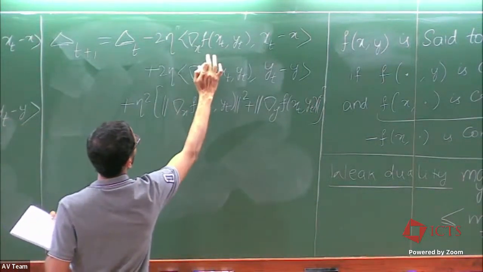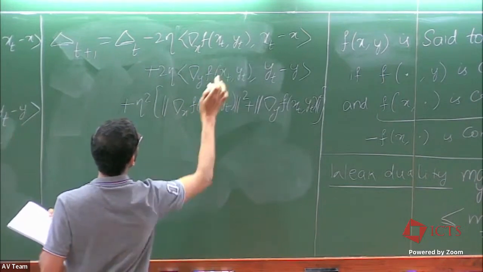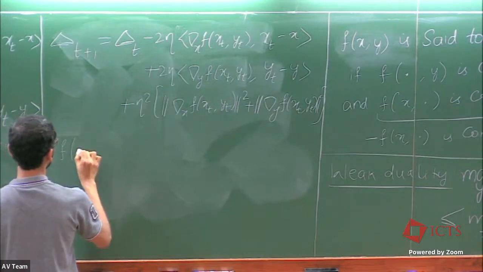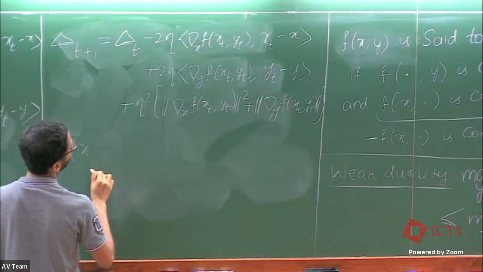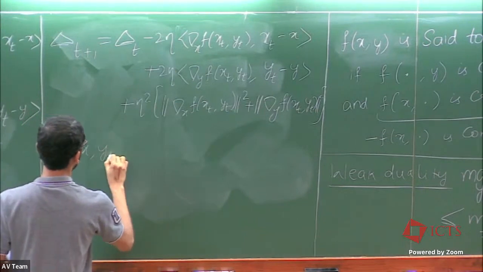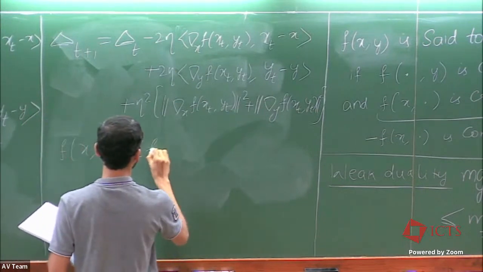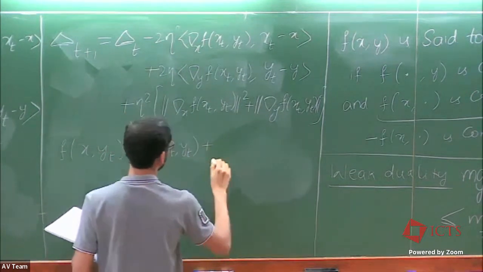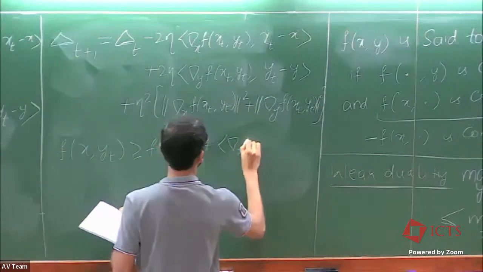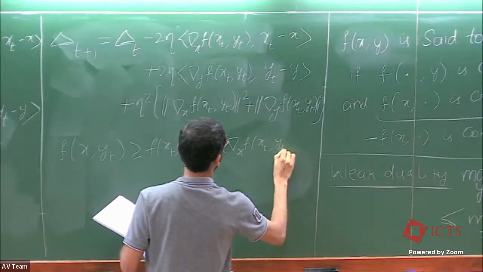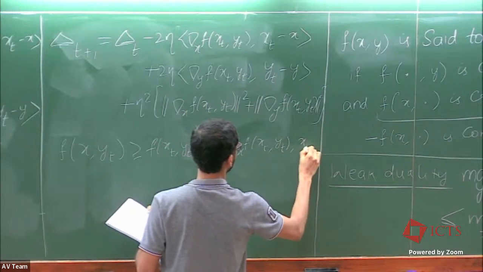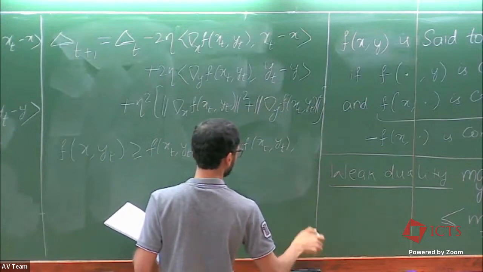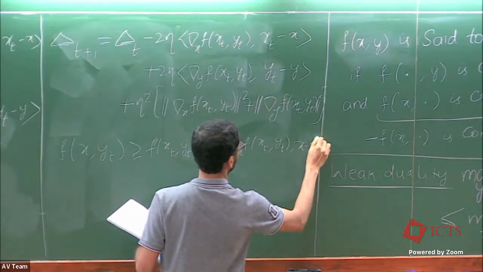If you use the convexity in terms of the x variable for a fixed y t, what we get is the following: f of x comma y t is greater than or equal to f of x t, y t plus the first order term.